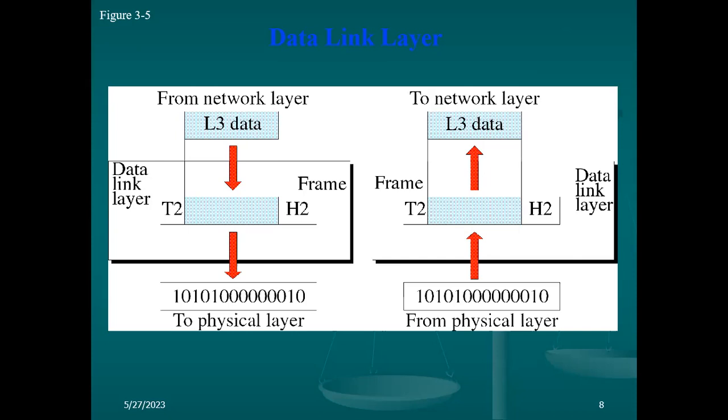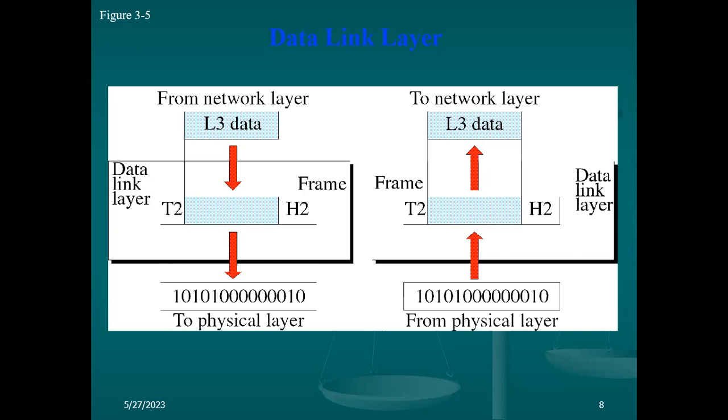At the destination side, the physical layer receives the electrical signals from the transmission medium and converts them into raw bits. Now the physical layer transmits the raw bits to the data link layer. Here the data link layer receives the data in the form of raw bits from the physical layer. Again, it converts the raw bits into frames by adding the header and trailer and transmits the frames to the network layer.